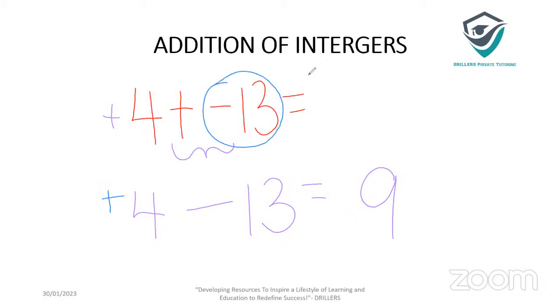So we take away and we keep the sign of the larger number. So this is going to give me negative 9. So my answer is going to be negative 9.